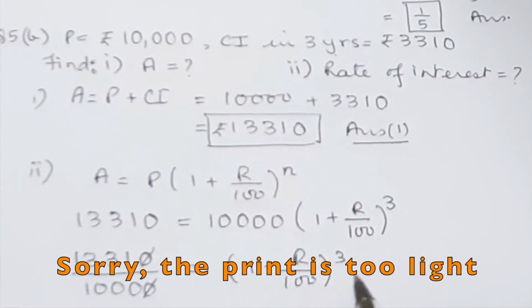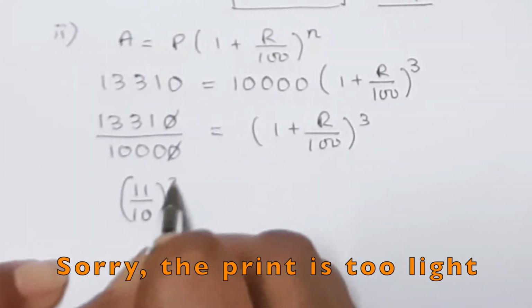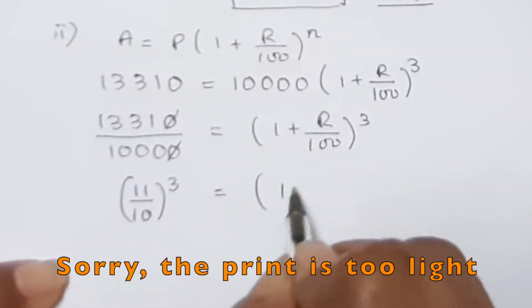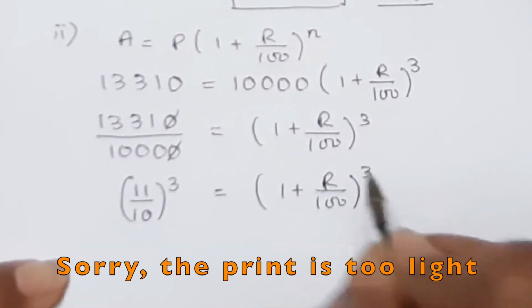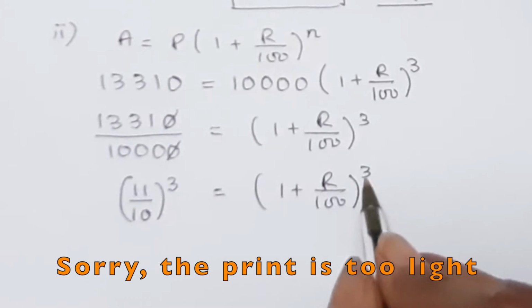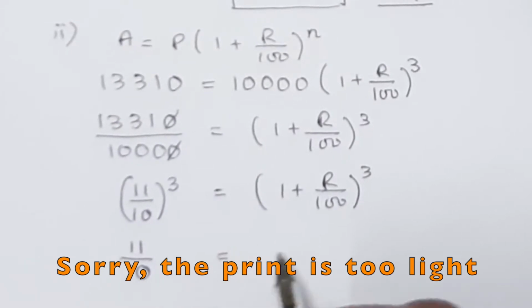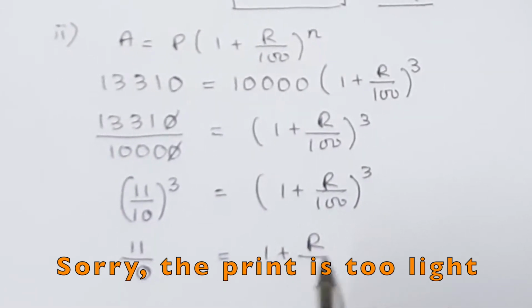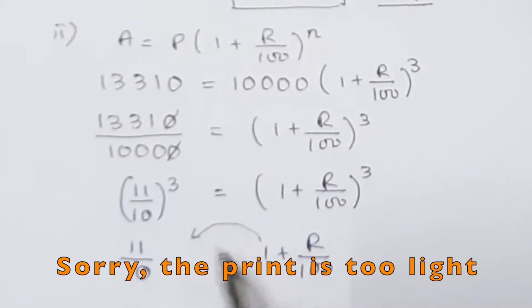0 gets cancelled. Now if this is a cube, this must be a cube. And we know that it is the cube of 11 upon 10. And that is equal to 1 plus R upon 100 to the power 3. So you will see that the powers are same, so the bases must be equal. So taking cube root, we will have 11 upon 10. Now we transfer this one this side.